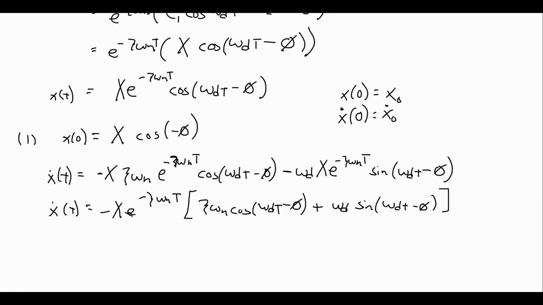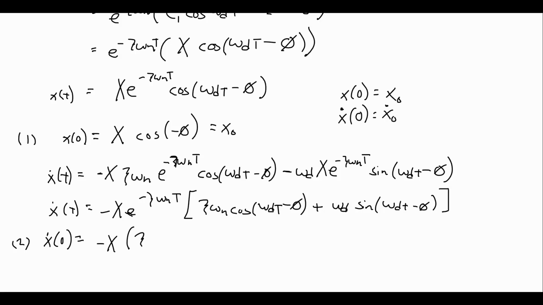Now I can apply that second initial condition. So x dot of 0, I know, is going to be x naught dot. So I can put in 0 for t. So I have a negative x out in front. E to the negative 0 is just going to be 1.